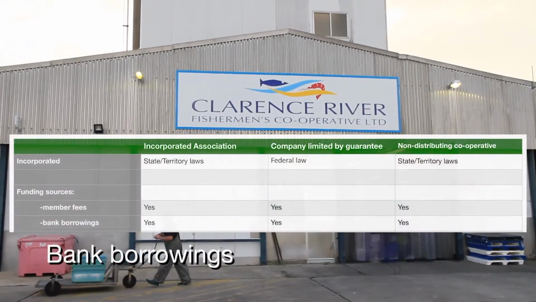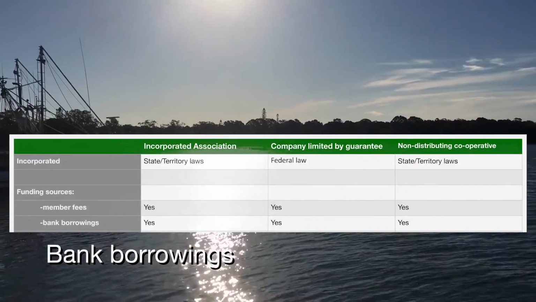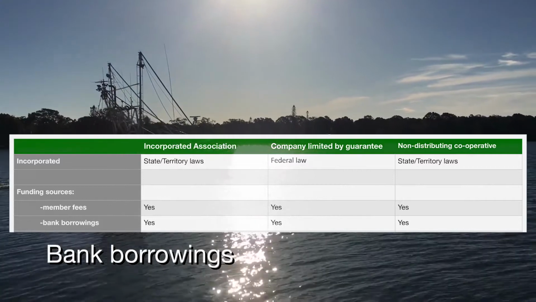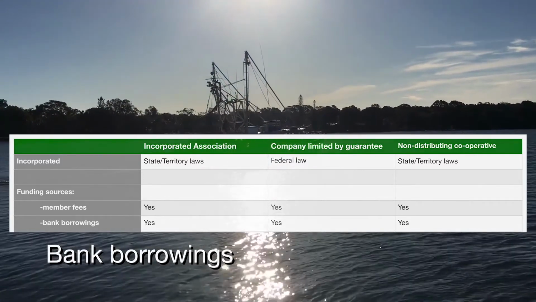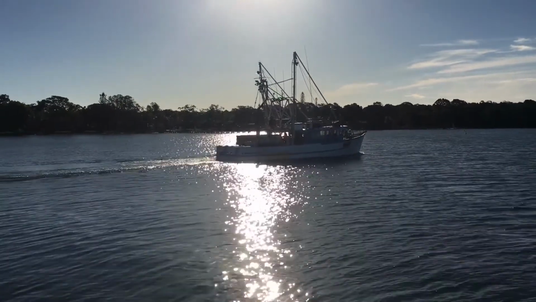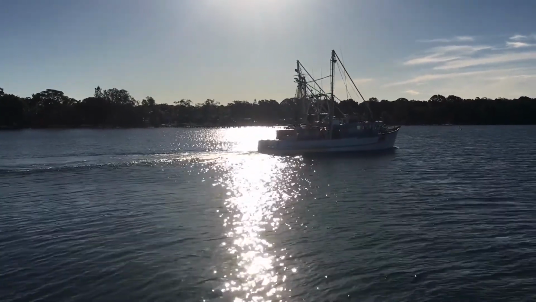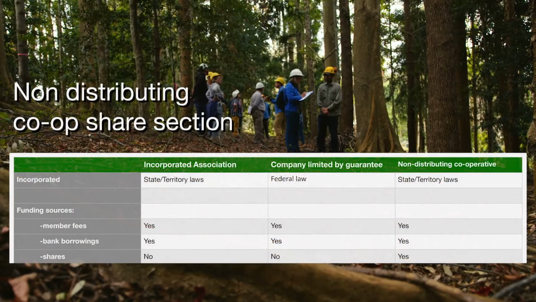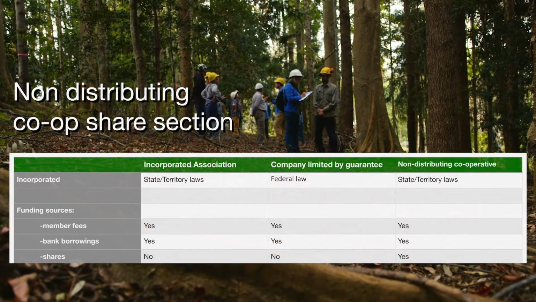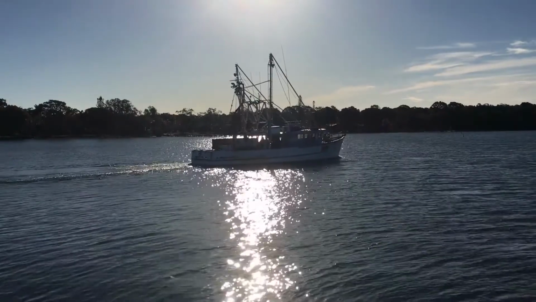Not-for-profits can also borrow from banks or financiers. Bank loan terms are based on the organisation's balance sheet and cash flow projections. Some not-for-profits obtain grant funding, but this may not be a reliable source of income. Only co-ops have share capital, which can be used to raise finance from members.